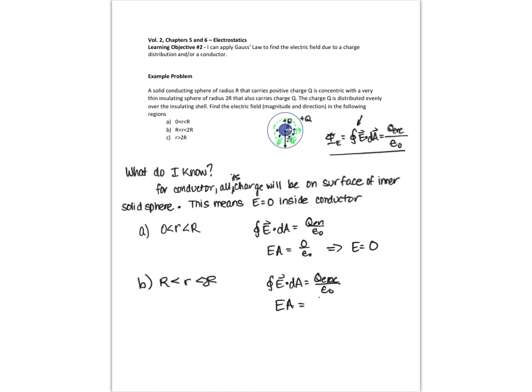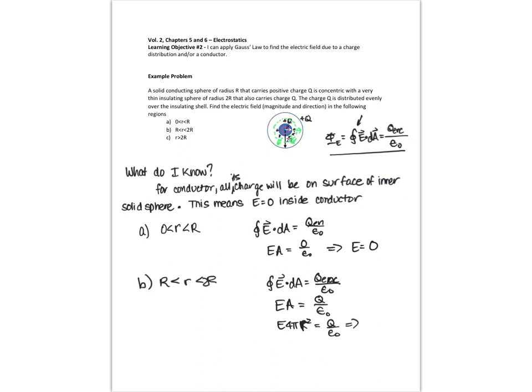How much charge have I enclosed? I've only enclosed the charge on the conducting sphere, which is plus Q. And then I can say that the surface area of a sphere is 4 pi r squared. Sorry, I should use little r. And that's Q over epsilon naught.